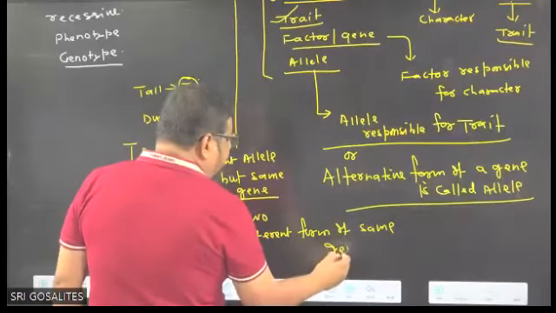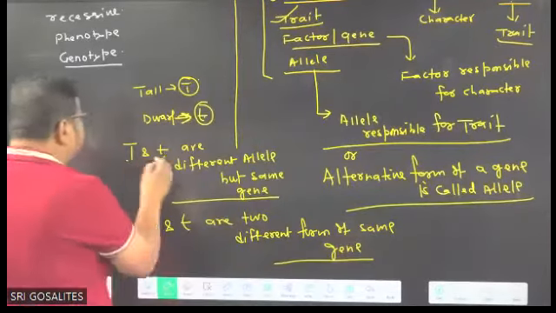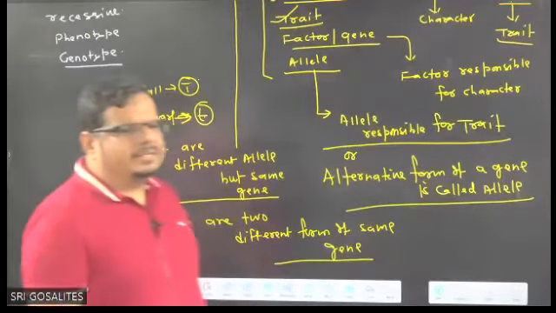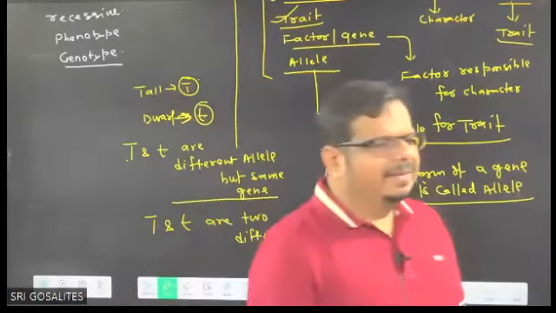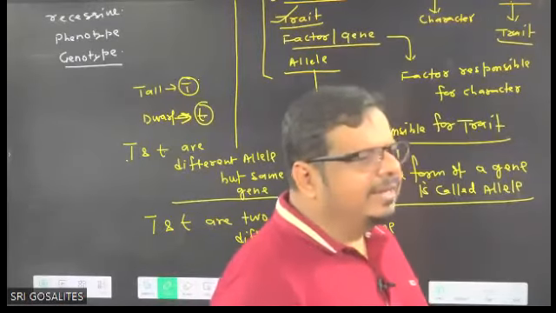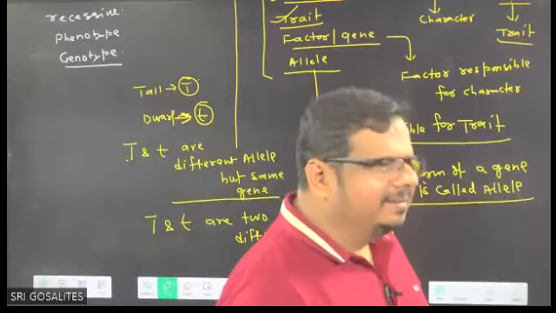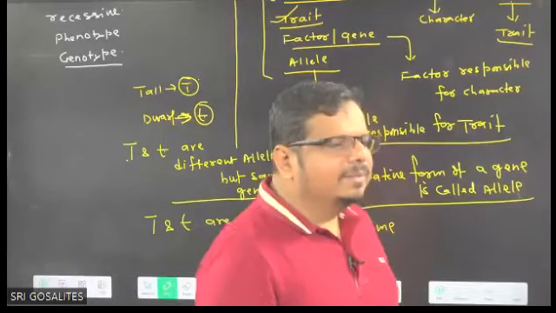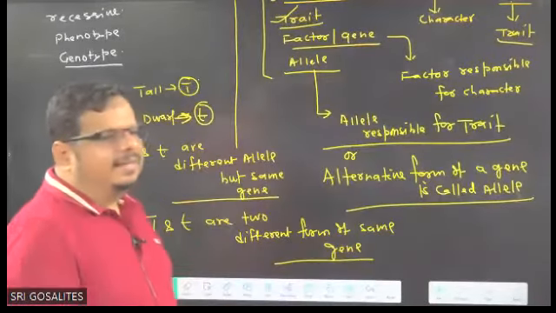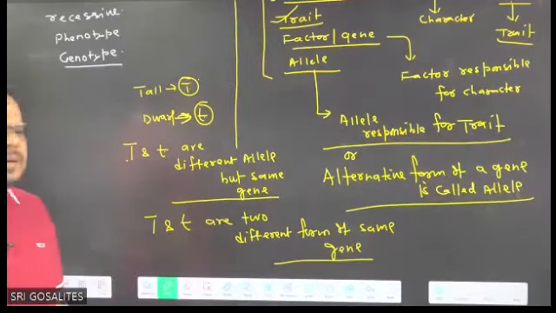Why are capital T and small t the same gene? Because capital T represents height, and small t also represents height. So both are responsible for the same character, and that is the reason both are the same gene.